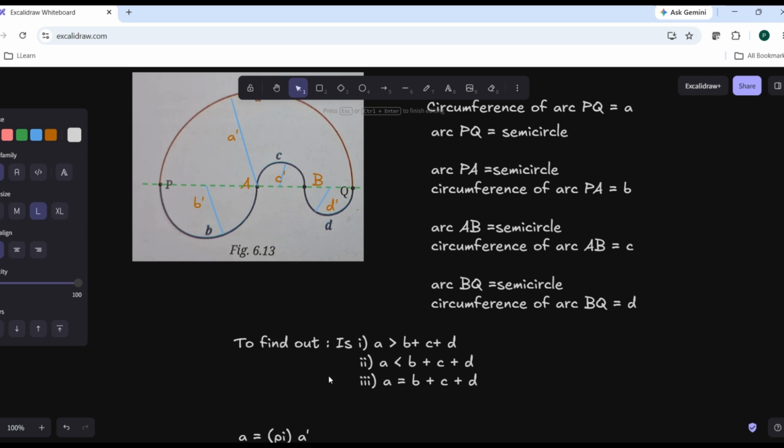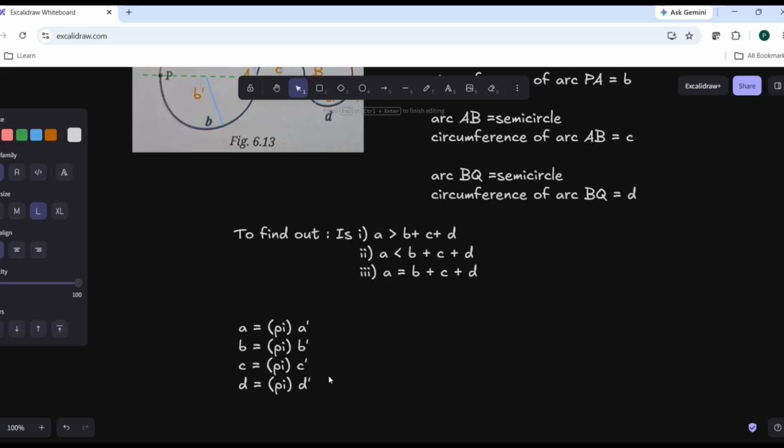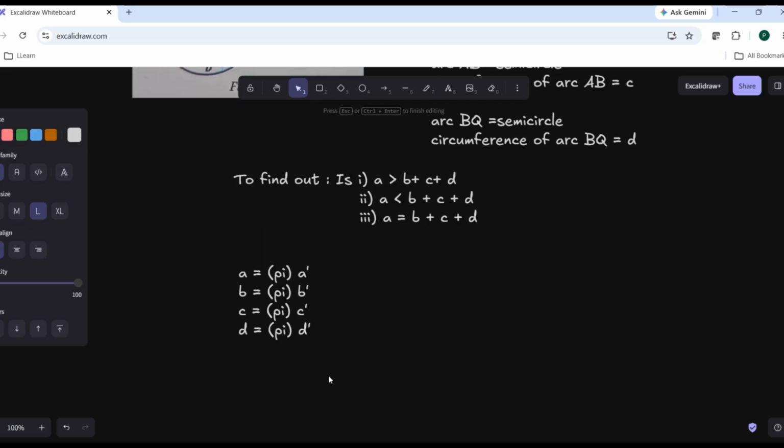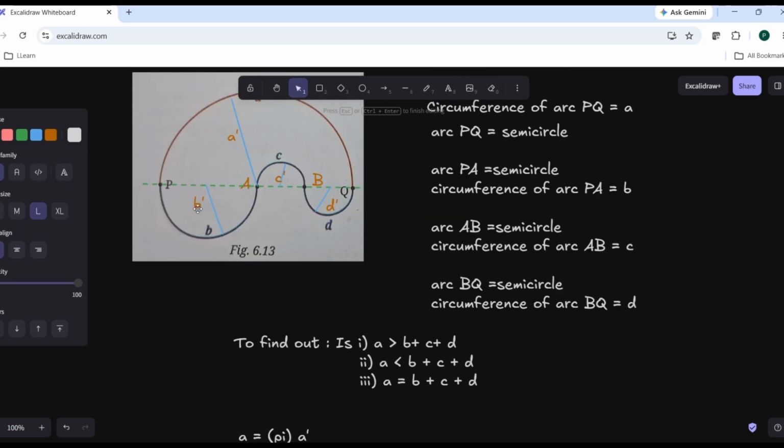So for this second half of the circle, this PQ is the diameter, right? One side is A and the other side is BCD.